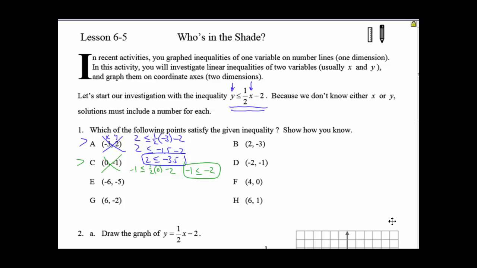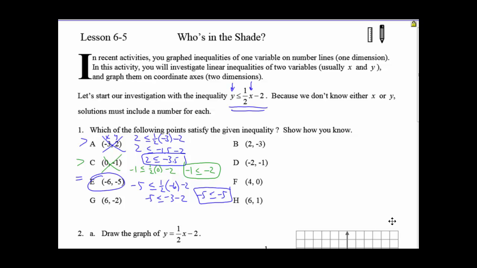If we move down again, we look at E. We plug in negative 5, which is less than or equal to 1/2 times the negative 6, and then minus 2. We get negative 5 less than or equal to negative 3 minus 2, and negative 5 is less than or equal to negative 5. It's not less than, but it is equal to.